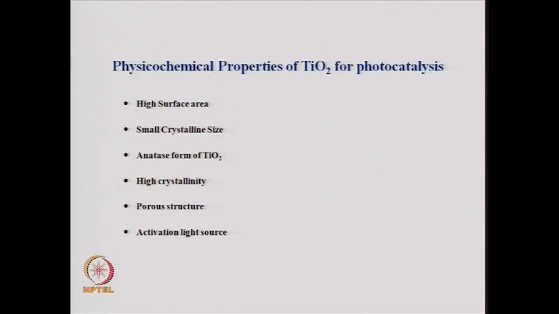The rutile form is the high temperature form, whereas the anatase form is the low temperature form, and we require the anatase form for high photocatalytic activity. So, the anatase form is very important. Then TiO2 photocatalyst can be prepared with high crystallinity, and with high porosity. So, porous structures of titania can be prepared, and the activation through a light source is possible in TiO2.